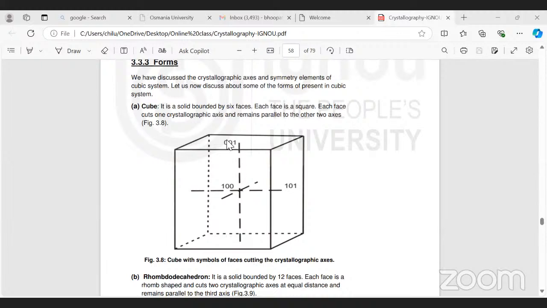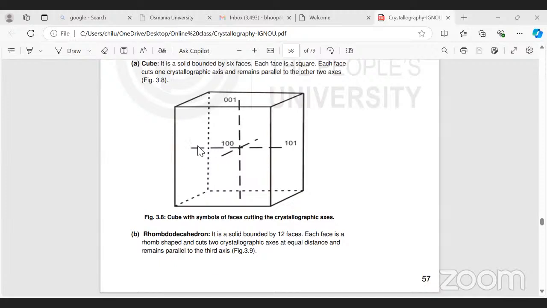That is the reason it shows 0, 0, 1. In the second one it cuts two, so it is 1, 0, 1, because the other face will be added here. So that is the reason it cuts two faces.